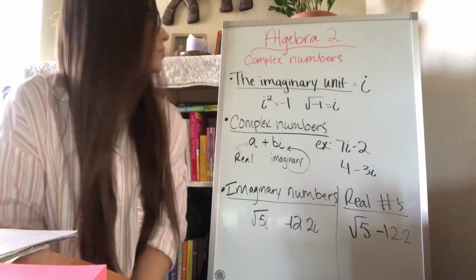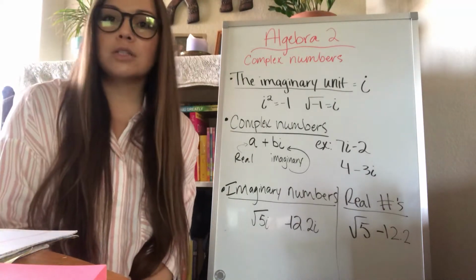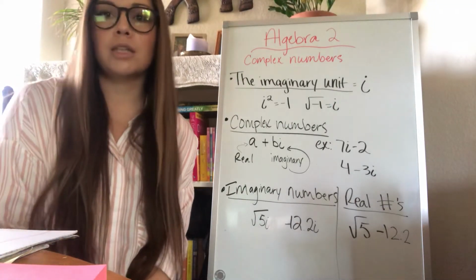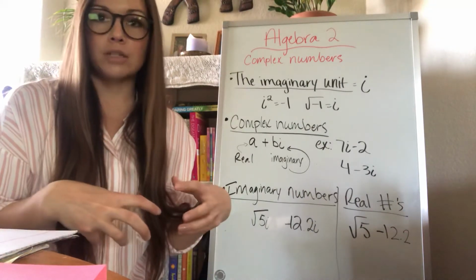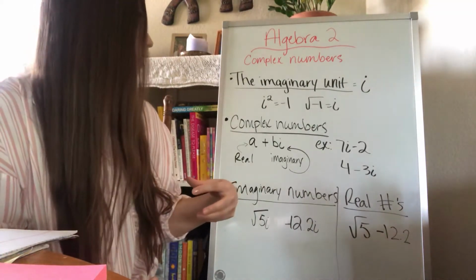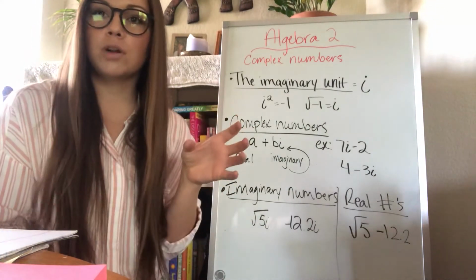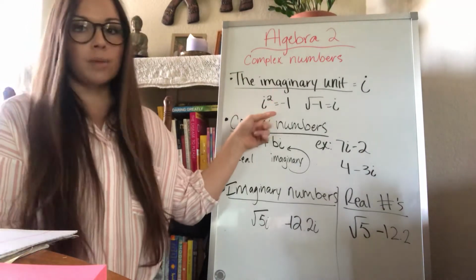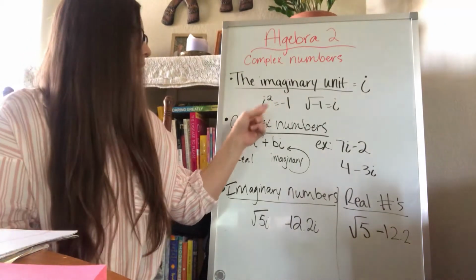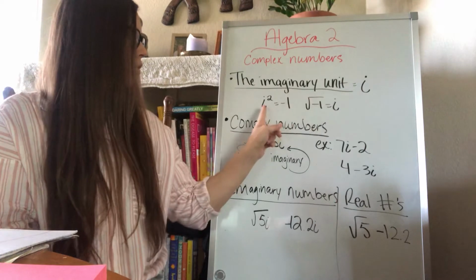We're going to talk about complex numbers and imaginary numbers and real numbers and the imaginary unit, and basically classifying these complex numbers, okay? So complex numbers come from putting real numbers with the imaginary unit, i. Just to recap what we talked about on Tuesday, the imaginary unit is i.